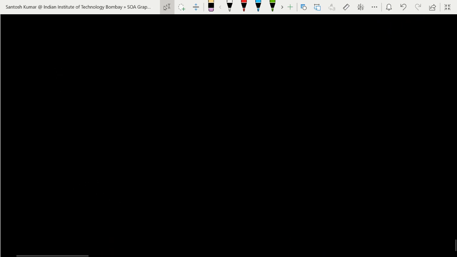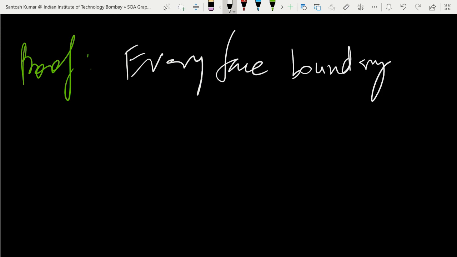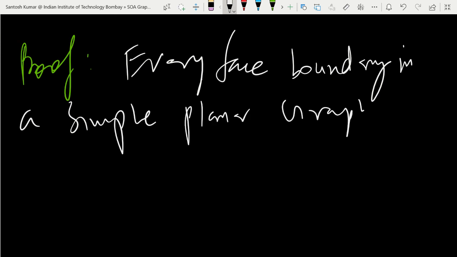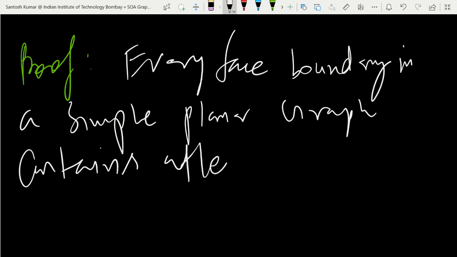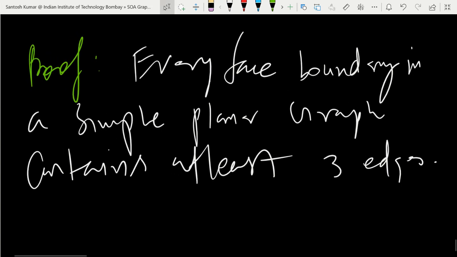So for the proof, every face boundary in a simple planar graph, any simple planar graph with at least 3 vertices, you will see that it contains at least 3 edges, or if you find the length of the face.